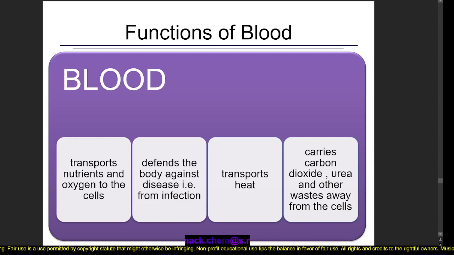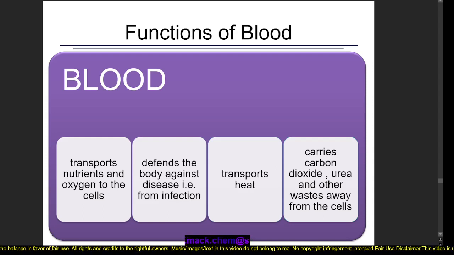And as seen on the screen, it's a very short note which tells us what are some of the functions of blood, in that blood allows for the transport of substances which are needed, for example, nutrients, which includes food, minerals, water, and blood also transports oxygen to the cells of the body.